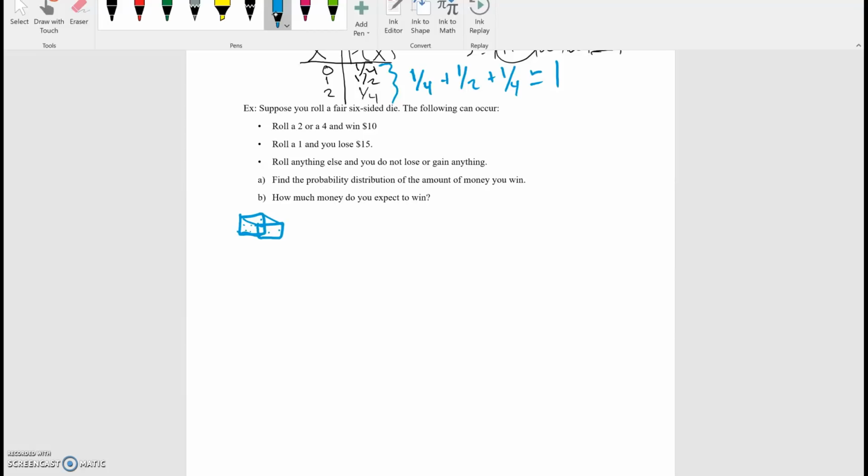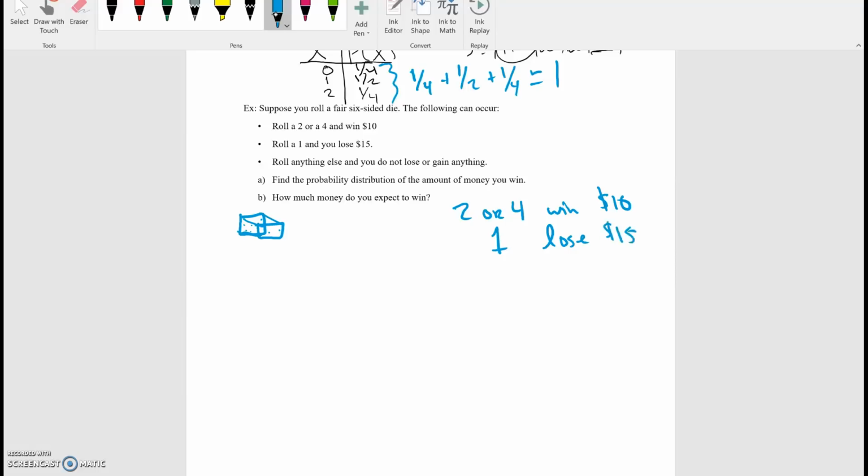Okay, so we have a fair 6-sided die, and we're going to roll it. If we get a 2 or a 4, I win $10. If I roll a 1, I lose $15.